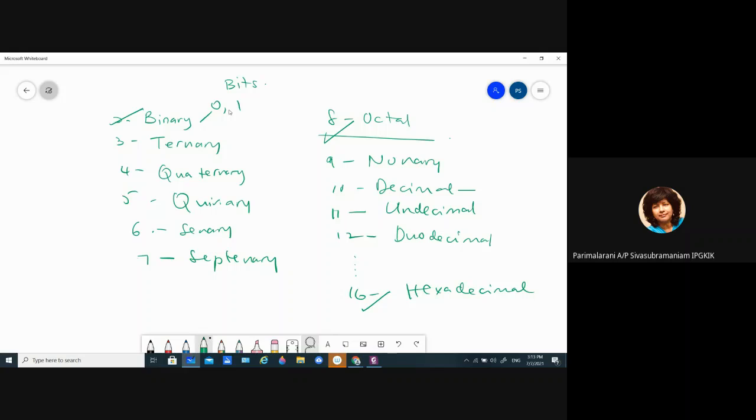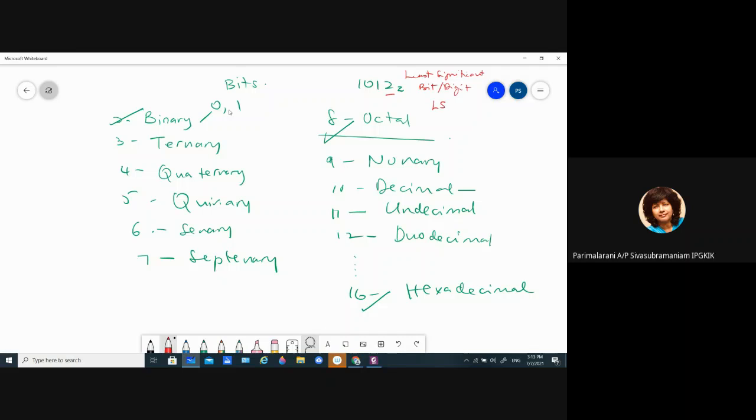And one more thing that you must know is if you have a number like this, a base 2 number, the last digit on your right hand side is known as the least significant bit, or for other numbers the least significant digit.